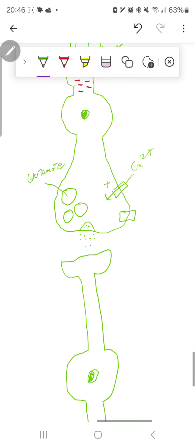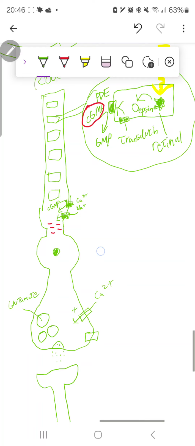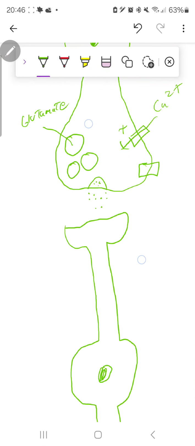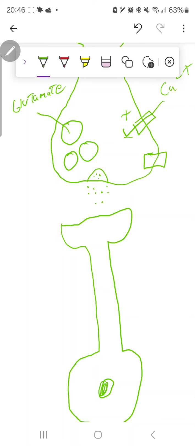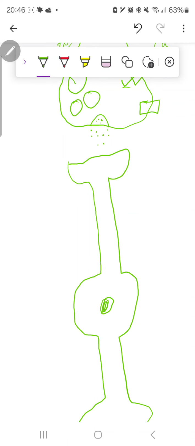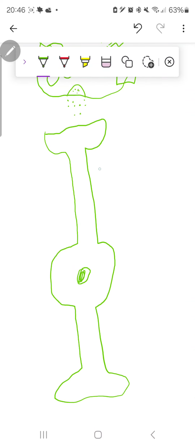So, to sum up, when light hits this photoreceptor, less glutamate will be released in this synaptic cleft with the bipolar cell, and that causes less inhibition of the bipolar cell. And when we have less inhibition of that cell, it will in effect become stimulated.